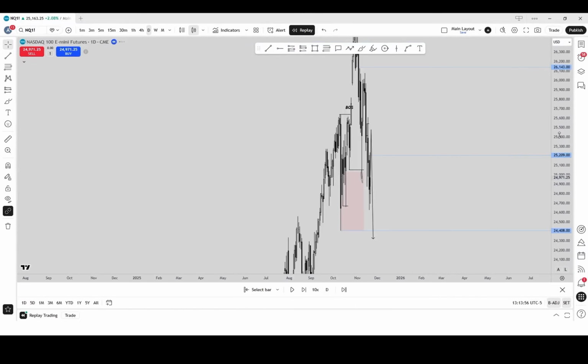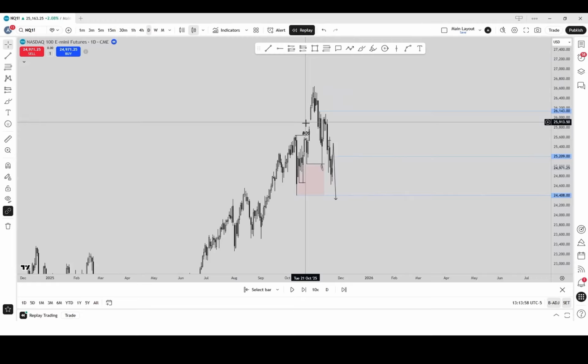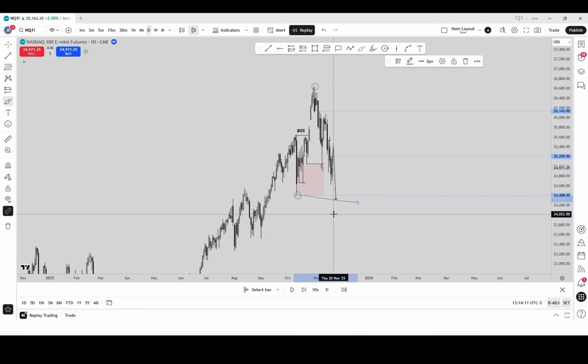If I go to the daily, very, very simple. What does that tell me? Simple structure right here. We have low, higher high, right? And then we're building liquidity here. So now there's a reason why we're coming below that blue line, so we can actually trade towards that liquidity.